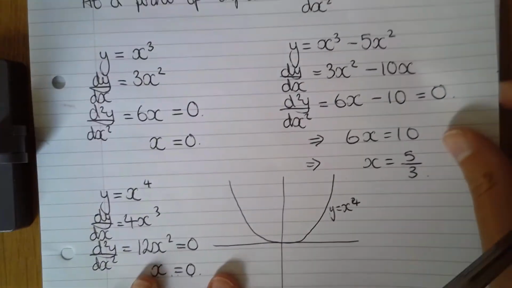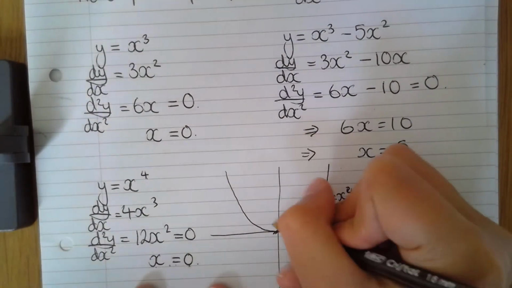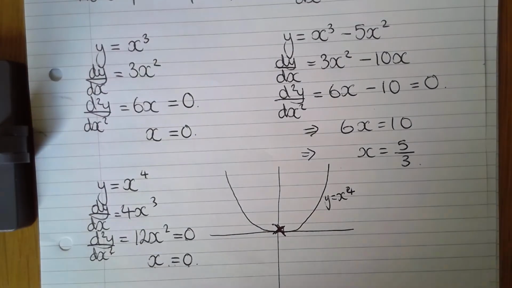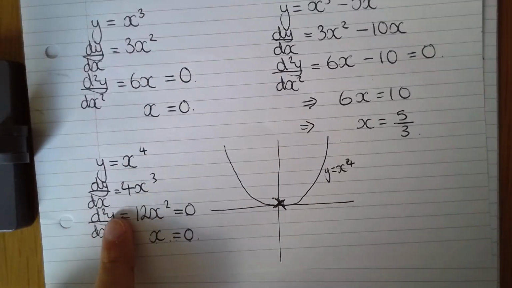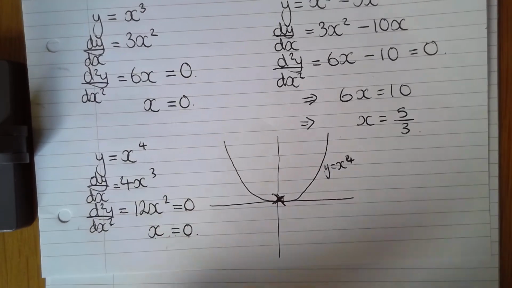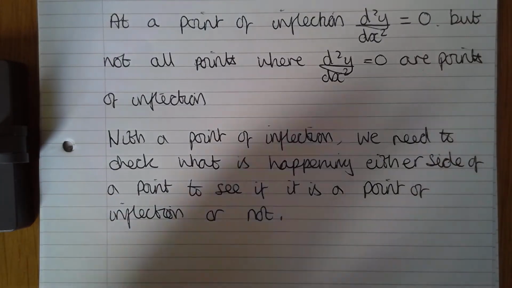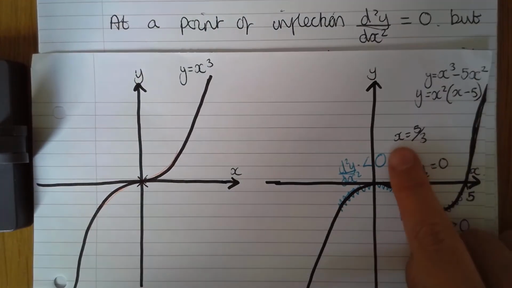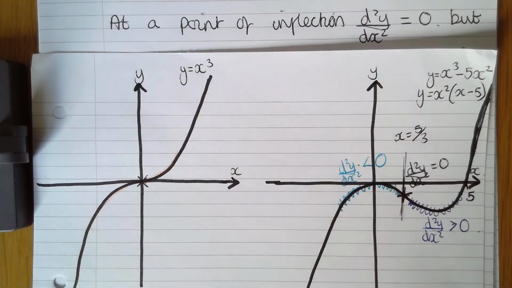It could be a minimum or a maximum point instead. Like this one, we can see that we had a minimum point there. It flagged it up that the second derivative is equal to 0, but it gave us a minimum point. So with our graph from earlier, we found x equals 5 over 3.